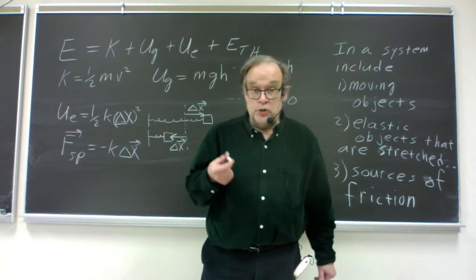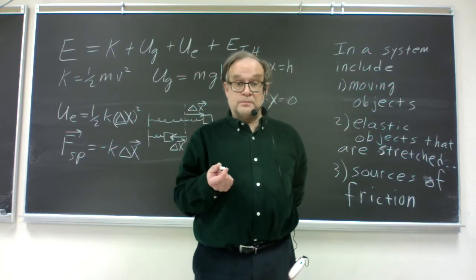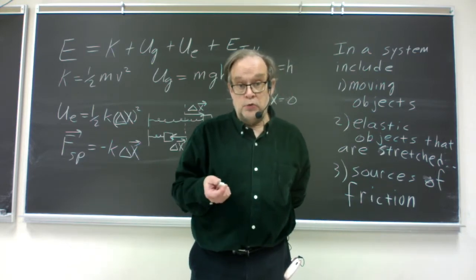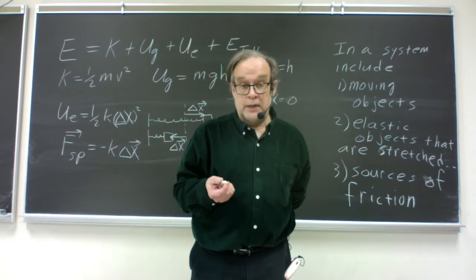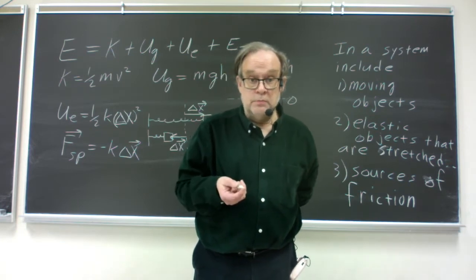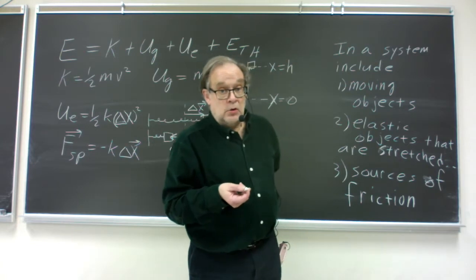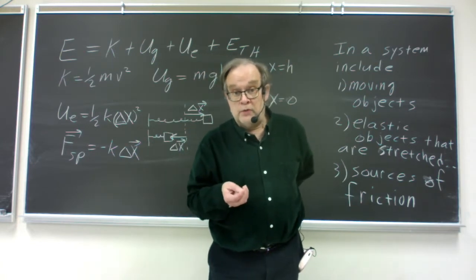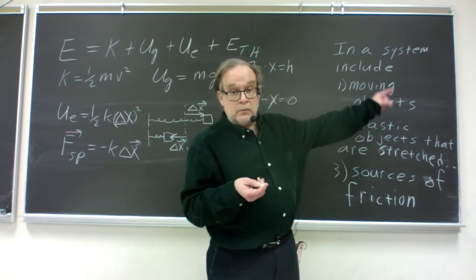And remember, back in 2201, there were 4 rules, and if you followed those rules, then much more often than not, the total energy of the system would stay constant. 3 of those rules are still relevant here in 2202.